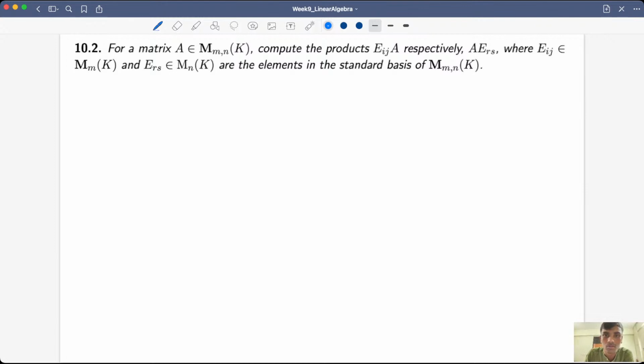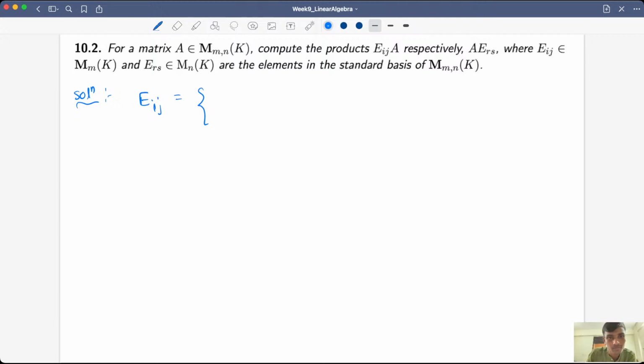So these standard basis elements are matrices with all entries 0 except at the ijth position, where it is 1.